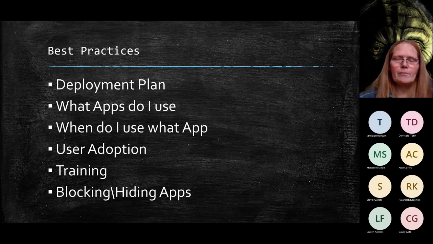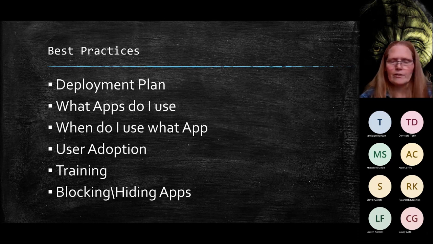It's much easier to train in those smaller subsets of content than, we went through 10, 12 apps or whatever. That's a whole lot to try to do at once, and people aren't going to retain that. Do them in smaller segments, and you'll have a lot more success with getting users to use the applications, feeling comfortable with them, learning in them, all that kind of fun stuff.